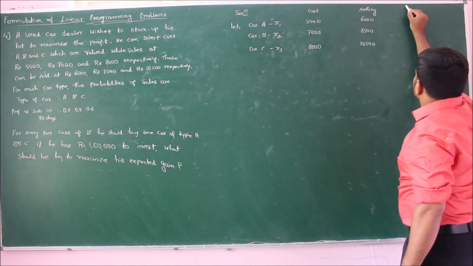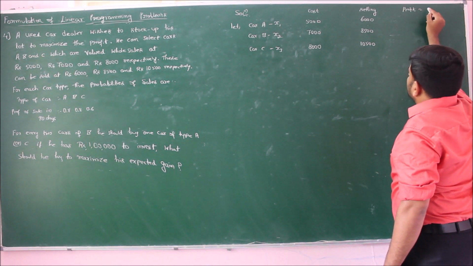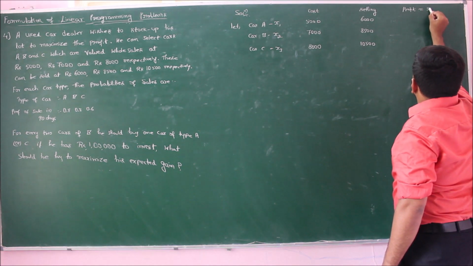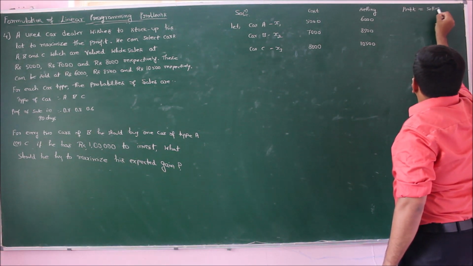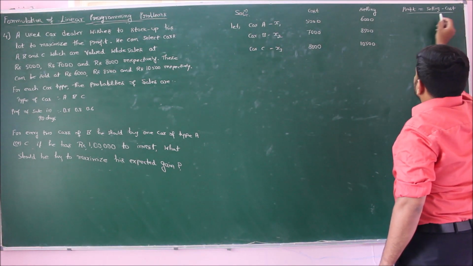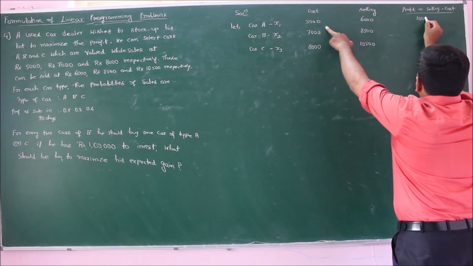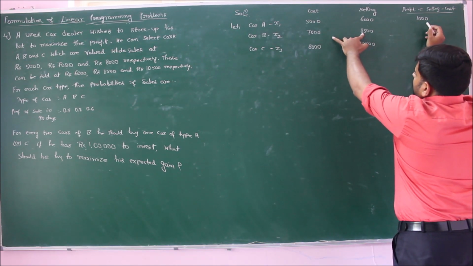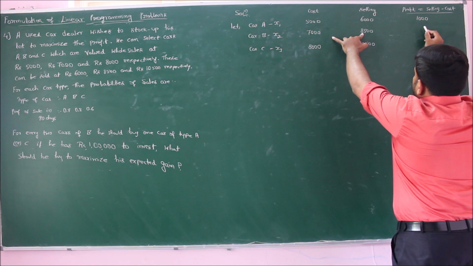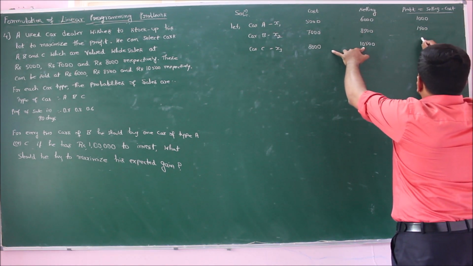So therefore, what is the profit? We know that profit is equal to selling price minus cost price. So the profit will be 6,000 minus 5,000 is 1,000, 8,500 minus 7,000 is 1,500, and 10,500 minus 8,000 is 2,500.